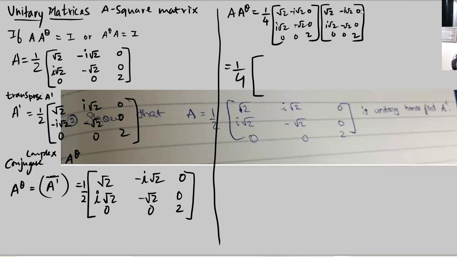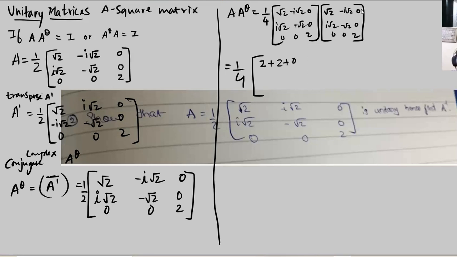First row into first column will give us the first element, first row into second column the second element, and first row into third column the third element of the first row. So first row into first column: root 2 into root 2 is 2. Then minus I into I is I square, which is minus 1, and with the negative sign already there, that is plus 2. Then 0 into anything is 0.